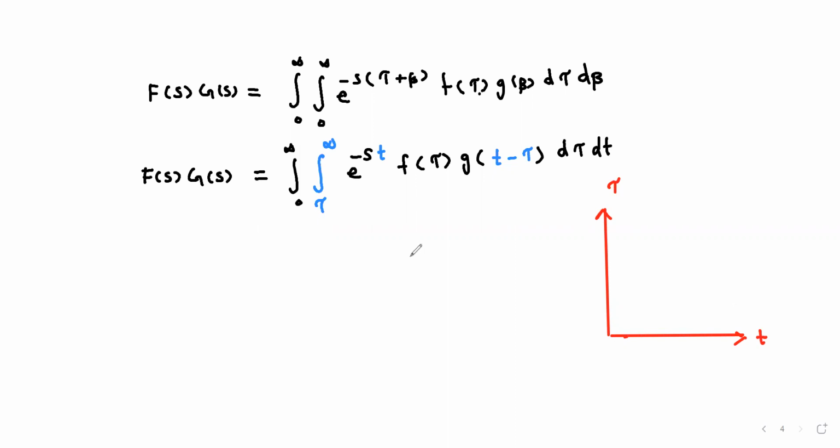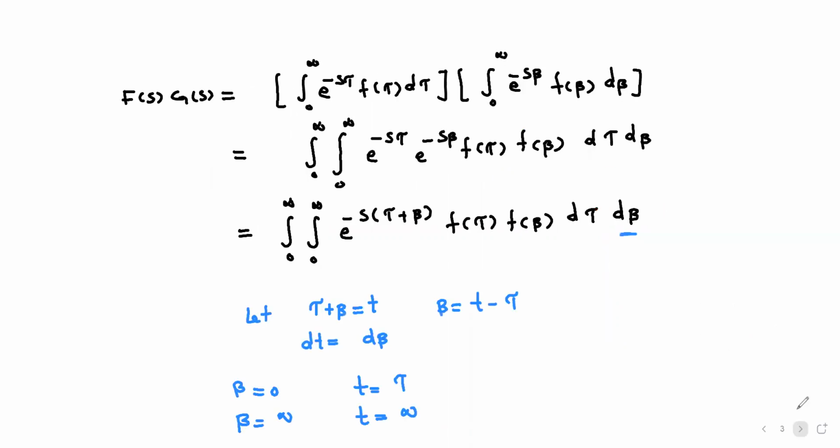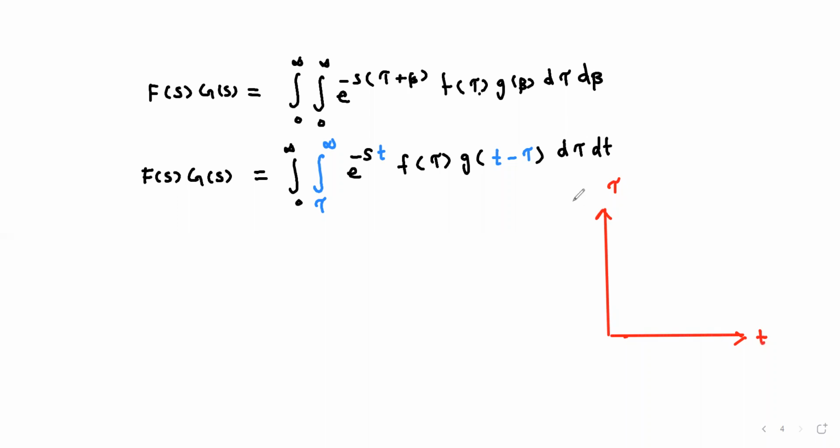Now we have here d tau and dt, and we want to change this with dt and d tau.